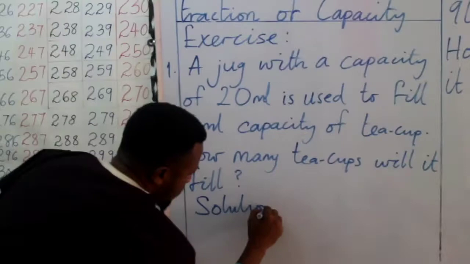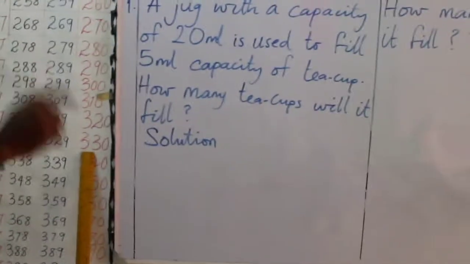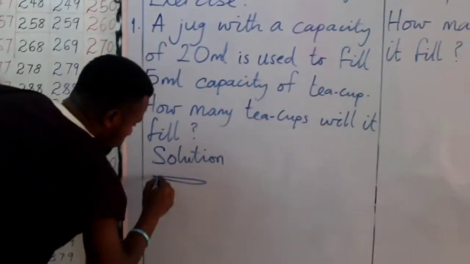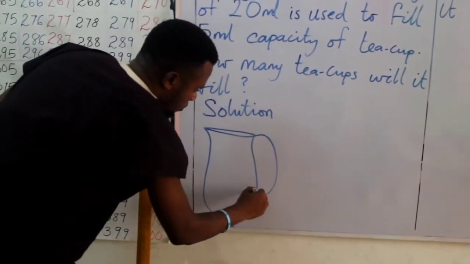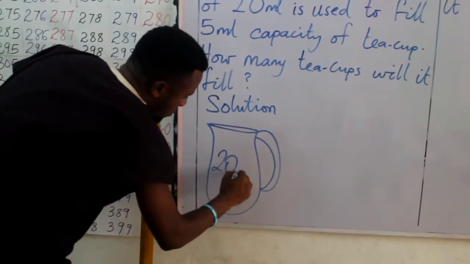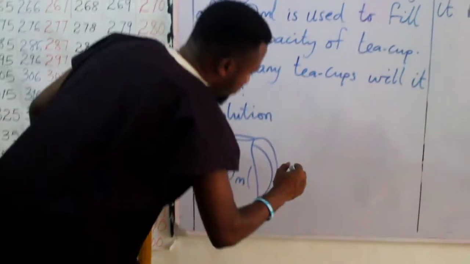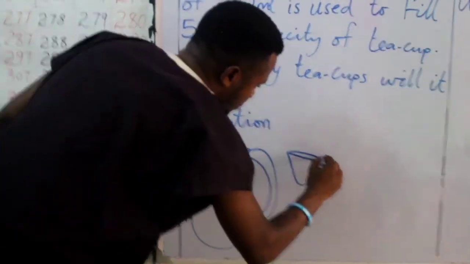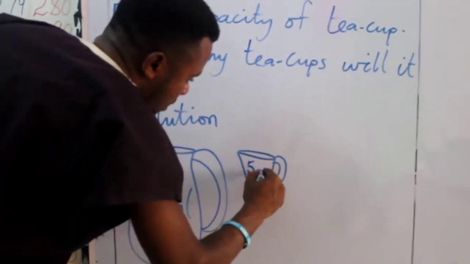Solution. So we're trying to get our answer to this. Now remember, the jug has what? 20 milliliter, and we have our tea cup which is what? 5 milliliter.